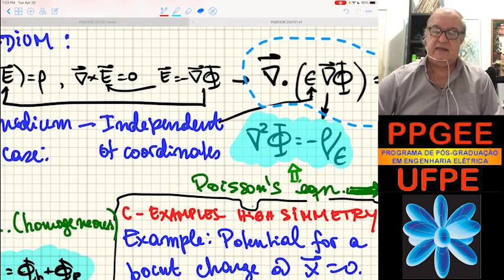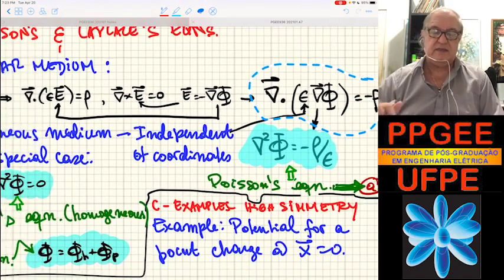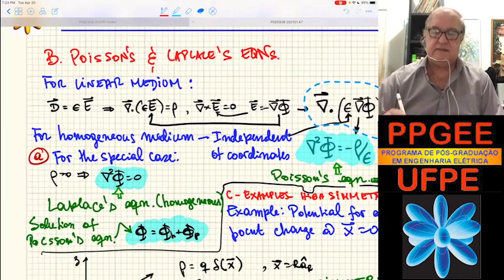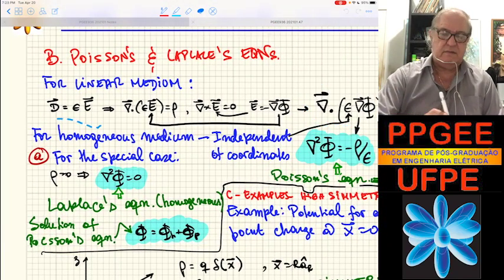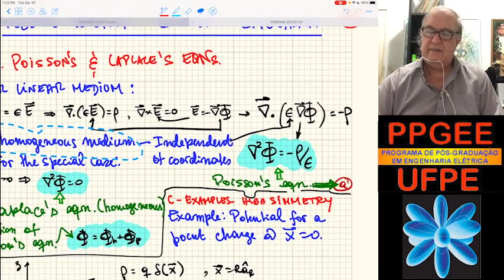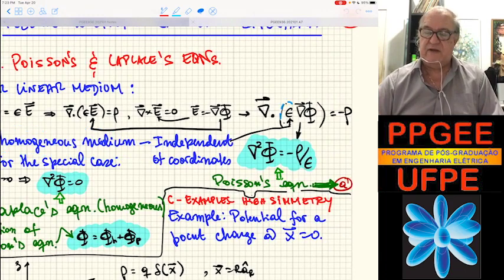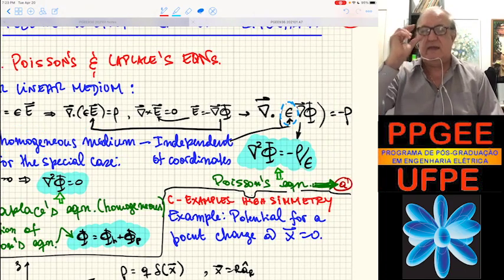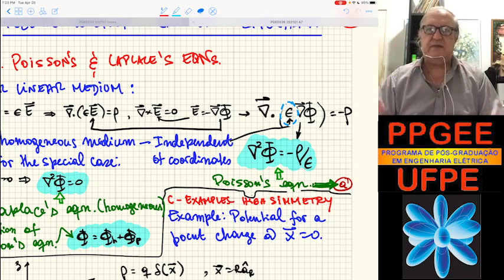Now here is the key consideration. If we have a homogeneous medium, it means that the epsilon function is not dependent on the coordinates in the medium. Epsilon is constant; in homogeneous media, the properties are the same everywhere.